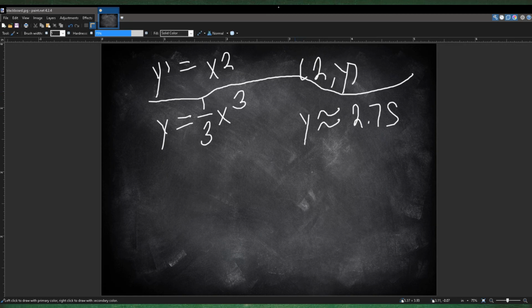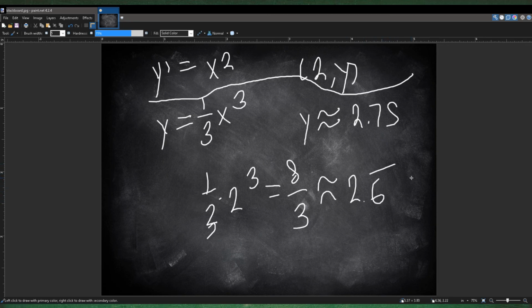Well, let's find the real value. When x is equal to 2, it's 1/3 times 2 to the power 3, which is just 8 divided by 3, which is around 2.6 repeating.